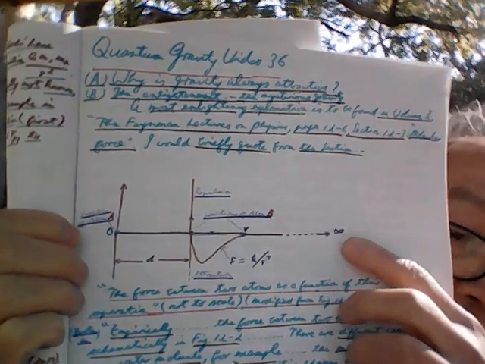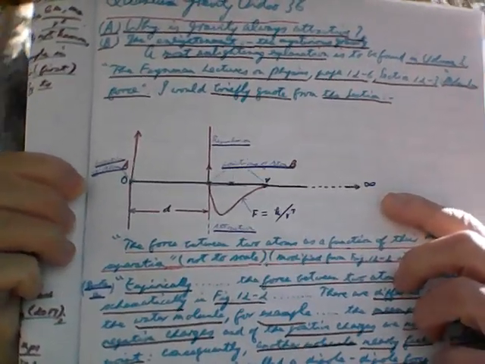This figure 12-2 is called the force between two atoms as a function of the distance of separation. This was not drawn to scale, of course.